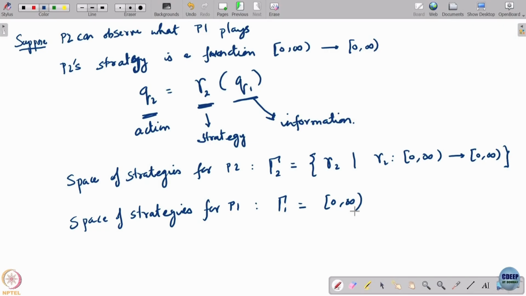Okay, all right. Now that we know the space of strategies for the players, tell me, how should these players play?